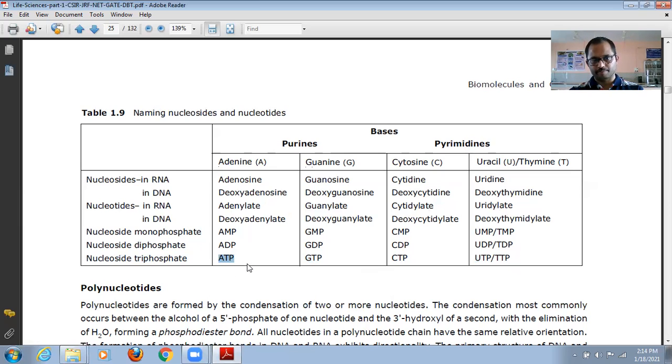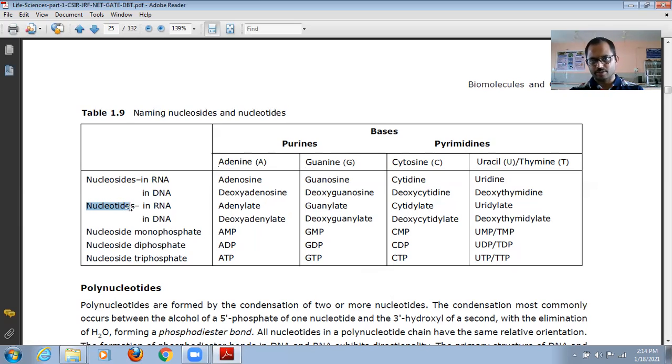So this is the basic thing. Try to understand the difference between nucleoside and nucleotide. In the nucleoside, there is no phosphate group attached, and in case of the nucleotides, a phosphate group is attached.